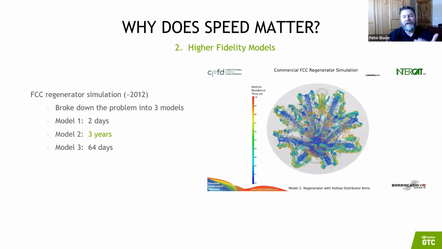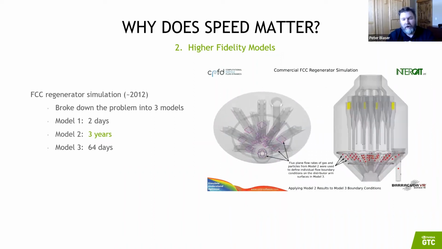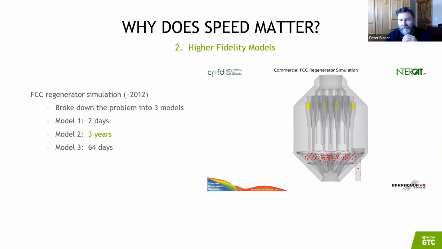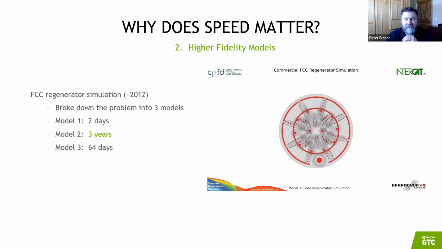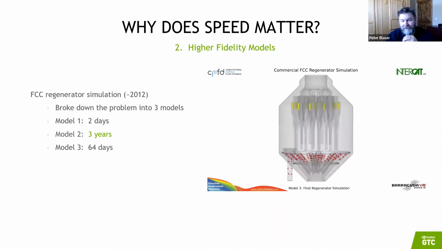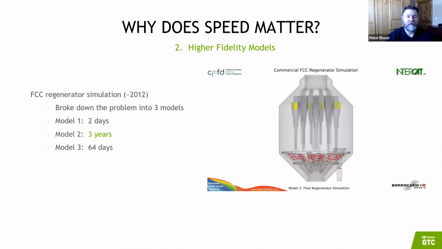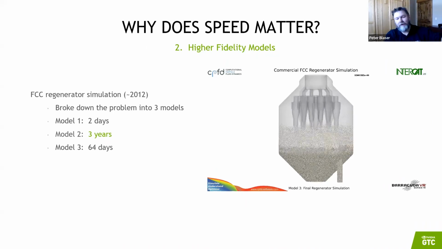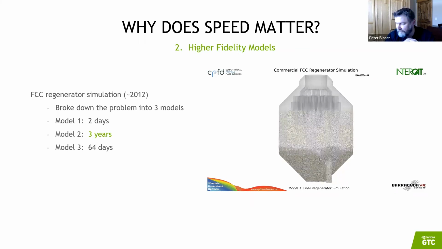So what we did is look at the flux through each of these arms, mapped that onto a smaller model of just the top unit, mapped boundary conditions, an incredibly tedious exercise. We put the flow of the gases and the particles from what we learned from the first model, mapped to the second model, went into the third model, and began to look at what's happening.